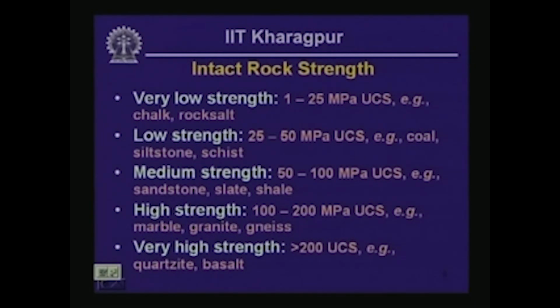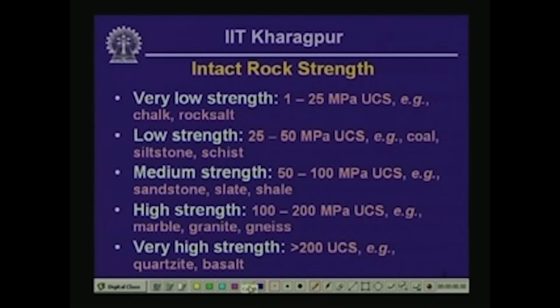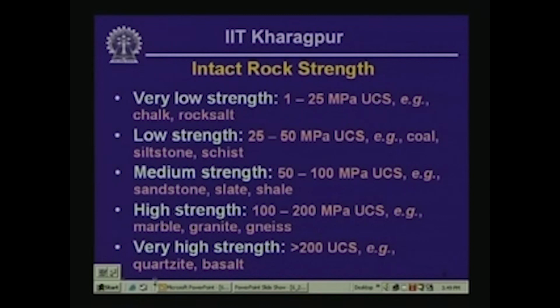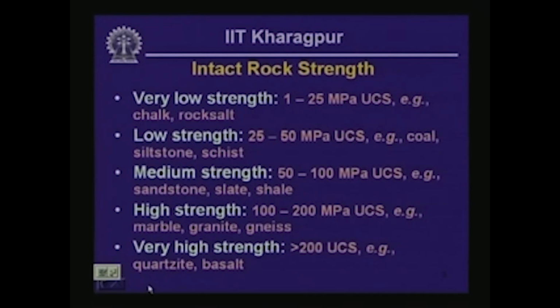And finally, very high strength rock has an unconfined compressive strength of more than 200 MPa, again in MPa, just like before. Examples are quartzite and basalt.